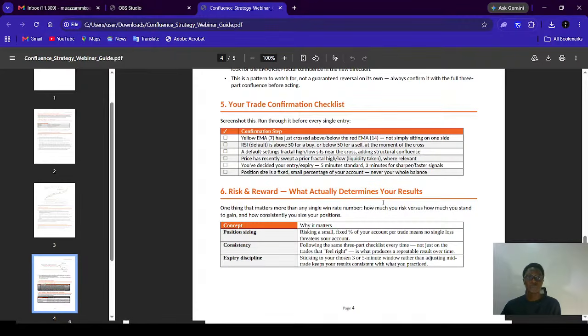Here's a confirmation checklist. You can have a piece of paper and write your confirmation checklist. Write the confirmation steps on the paper, and then write your yellow EMA, which is EMA 7, the fastest, and then the EMA 14.